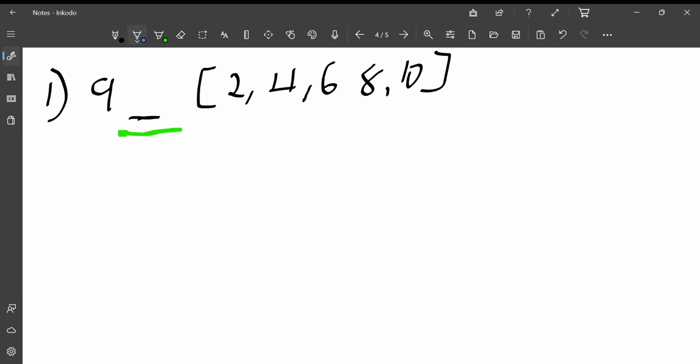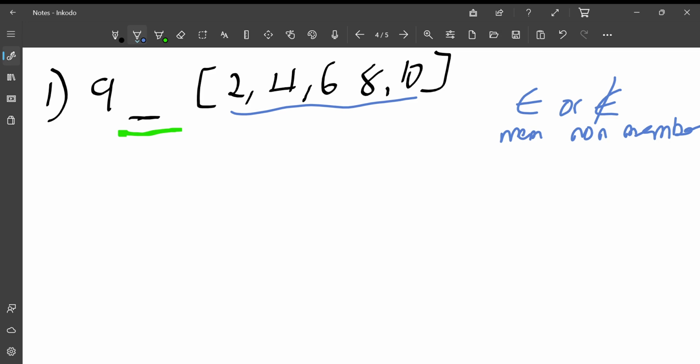The question is telling you to pick either ∈ or ∉, which means either a member or non-member. They're asking, is 9 a member of this set? Let's look at it. Can you see 9 here? No. So 9 is not a member of this set. The correct answer is that 9 is not among the numbers in the set. It's as easy as that.